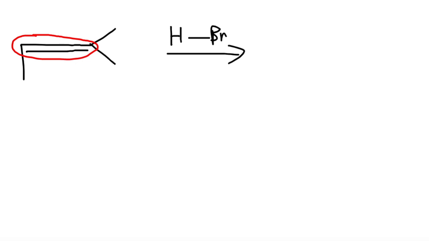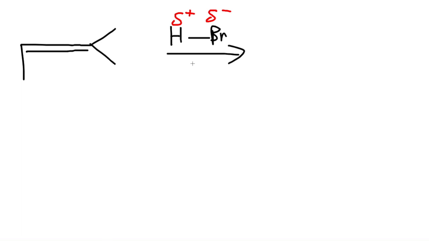The double bond is attached to this carbon and this carbon, so we have two choices. Before we do that, we know that bromine is way more electronegative than hydrogen. So bromine will have a partially negative charge, while hydrogen will have a partially positive charge.